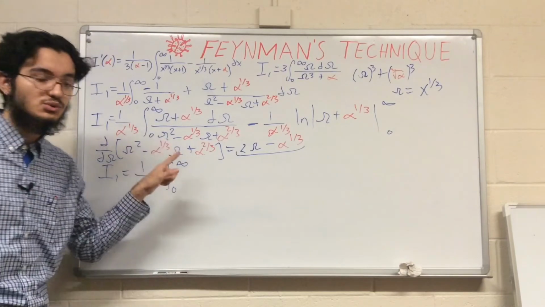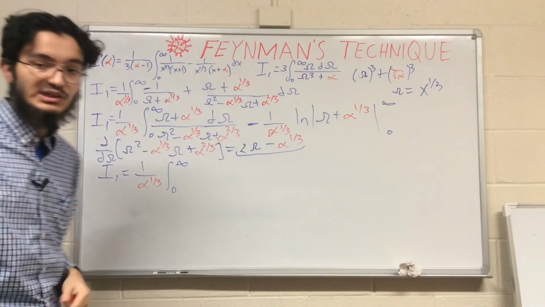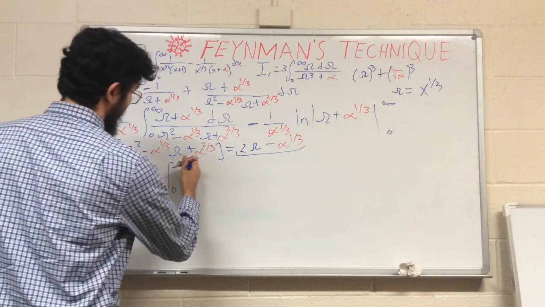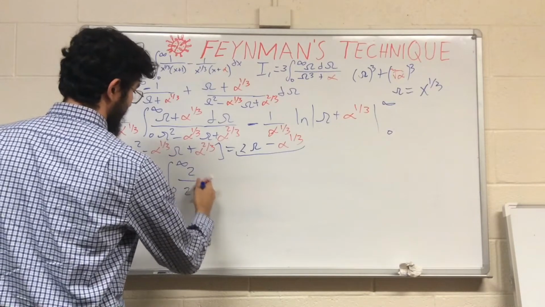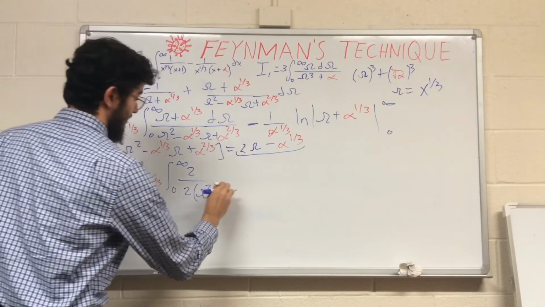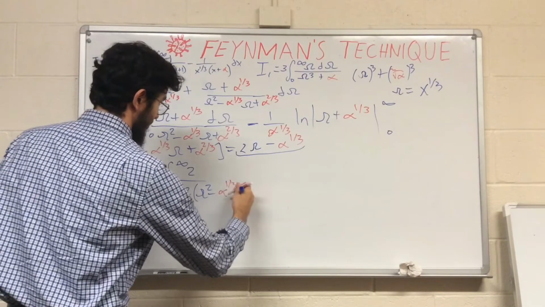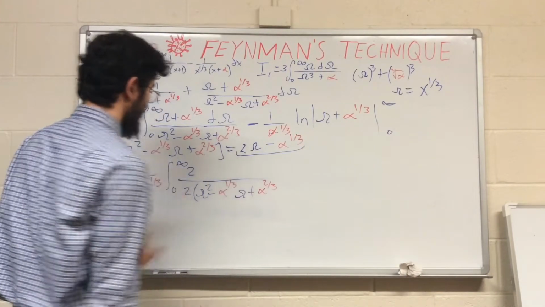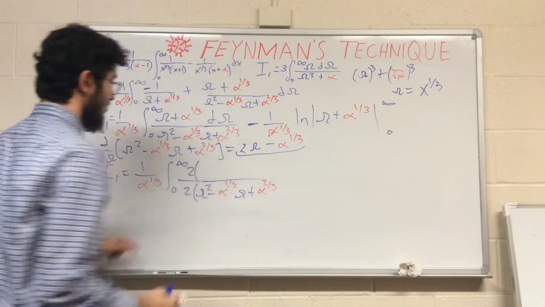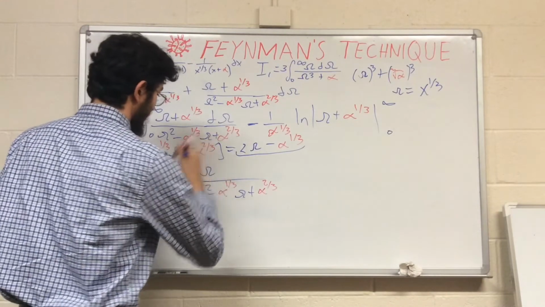And then what we're going to do is multiply the top and bottom by 2. So on the bottom we have the original, omega squared minus alpha to the 1/3 times omega plus alpha to the 2/3. And then on the top, we're going to have omega.